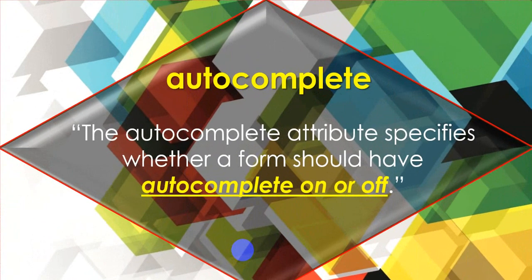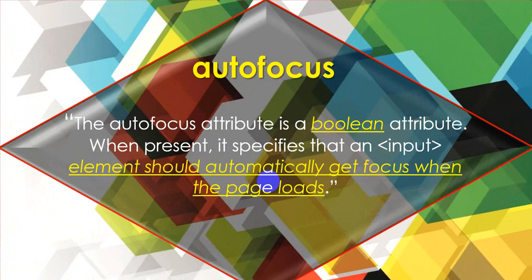We started with the input restriction attributes. In that we have seen autocomplete. And what is the autocomplete attribute? We have seen that by default it's on, but if you want to turn it off, you have to use autocomplete equal to off. Then we have seen autofocus. What is autofocus? By default autofocus is off. You have to click on the particular field where you want to write, but by using the autofocus attribute, you can specify which text box will get focus when your page is loaded.